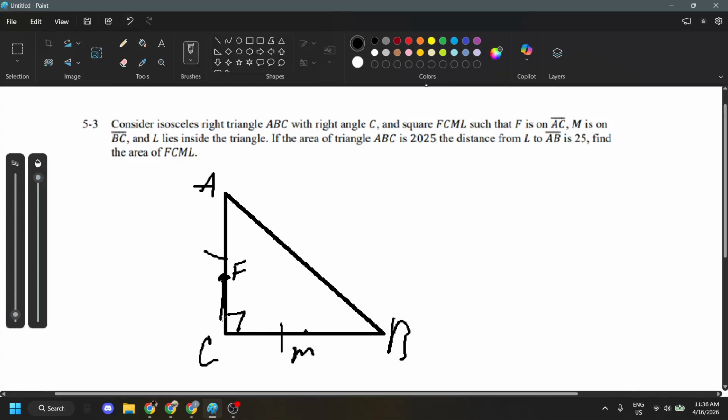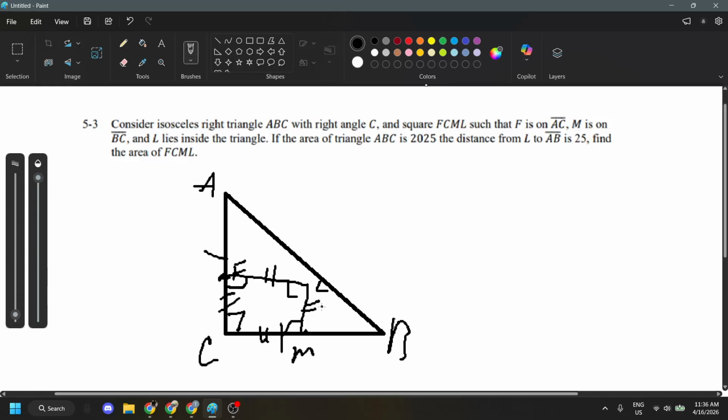M, and L. And then this is the same as this, is the same as this, is the same as this. And L lies inside the triangle.